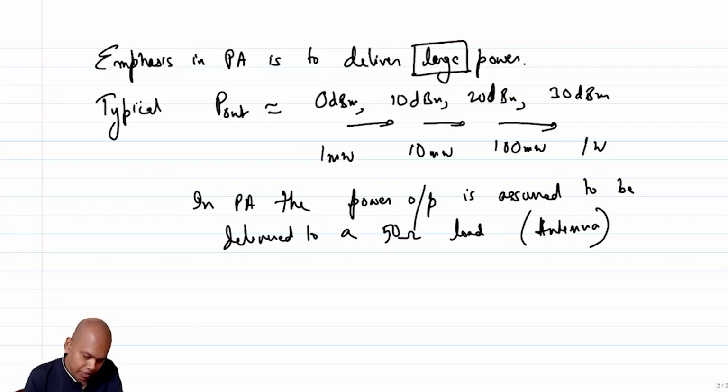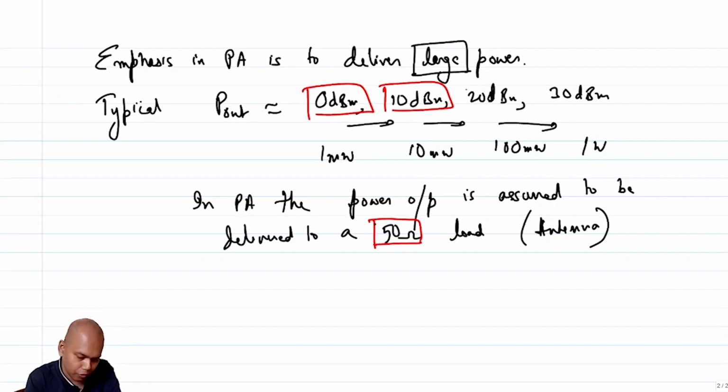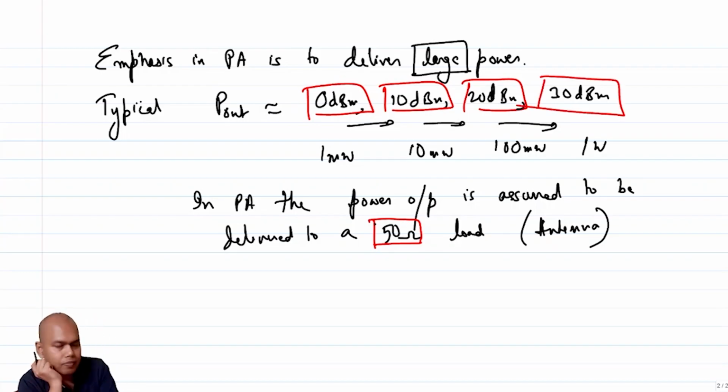Now the next thing we should keep in mind is that if the 50 ohm load cannot be changed, and we want to deliver these different power levels, then what is the amount of voltage swing that we are talking about?